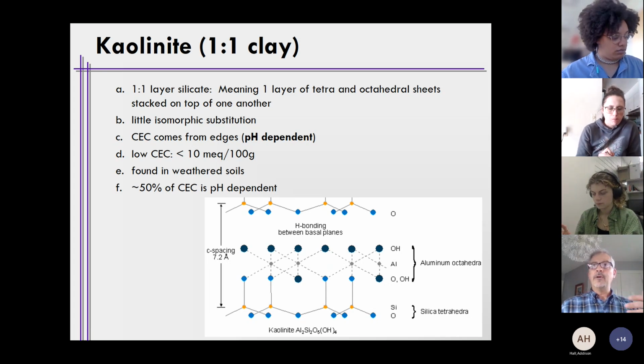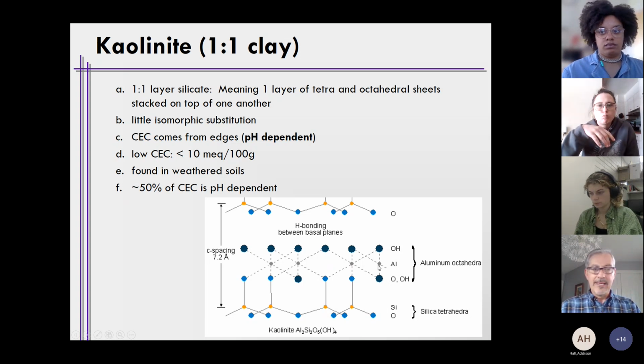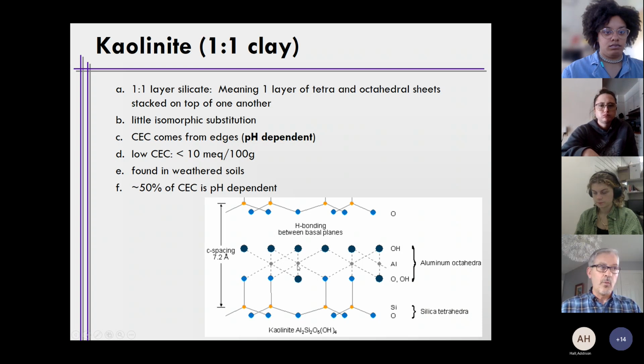So the only way you can have isomorphic substitution is pretty much on the edges of these clay minerals, or not on the edges, but the elements that are near the edges of the clay minerals. Way in the center, in the interlayer, it is going to be impossible to have isomorphic substitution way inside here because there's no shrink swell and there's no water moving into these interlayers because of the strong bond. So isomorphic substitution is relatively low. It does happen, but it's relatively low.